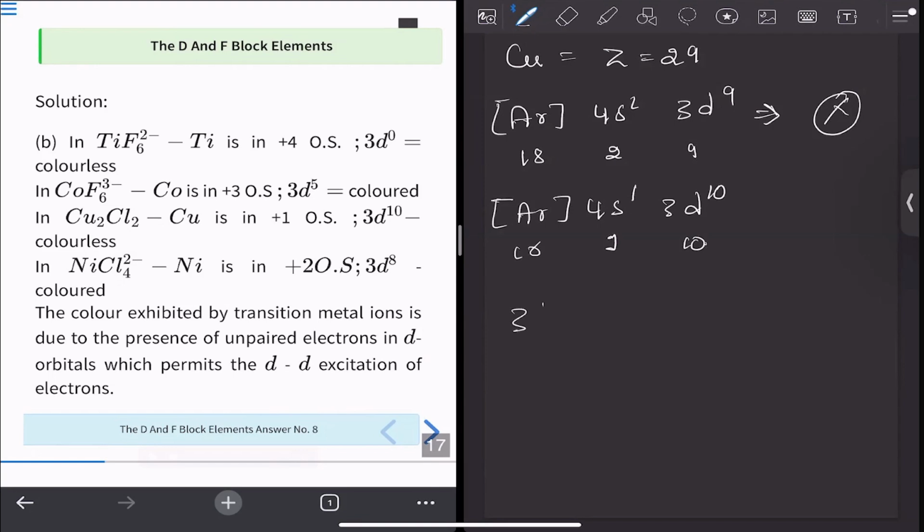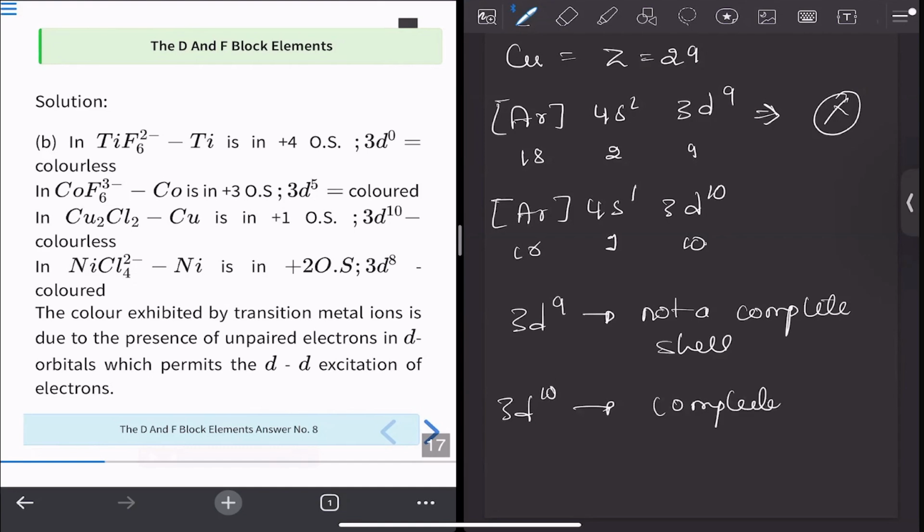Because 3d9 is not a complete subshell, and 3d10 is a complete subshell, it has more stability.